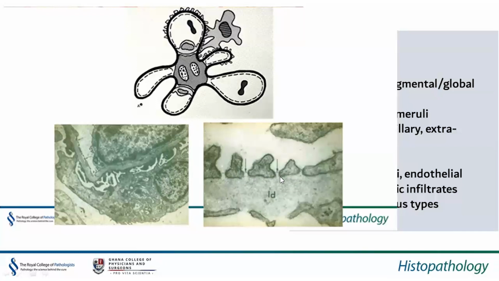And it is the slit diaphragm which plays a very, very critical role in the filtration function of the glomerulus, not allowing substances like albumin to pass into the urine. Also, the intactness of the glomerular basement membrane does not allow RBCs to enter the urine.